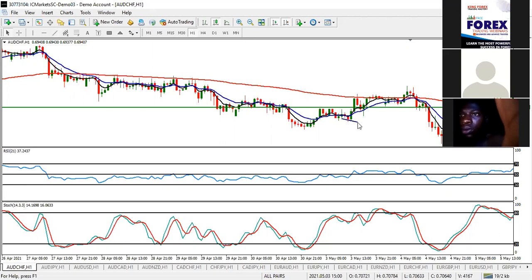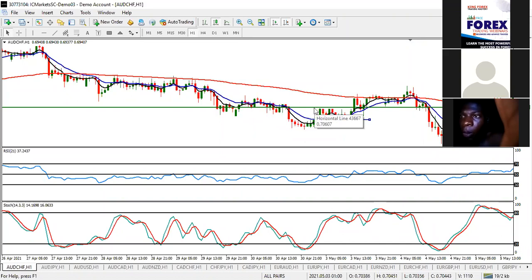But you can see immediately price reversed and went back up, which may have caused us to lose the trade, right? Because if we take a trade right here, our stop loss will be above where we have this horizontal line. Immediately we have the cross to the downside, price reverses back to the upside and hits us out in stop loss.